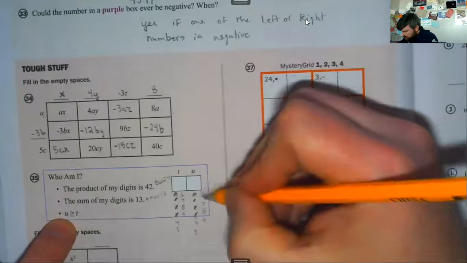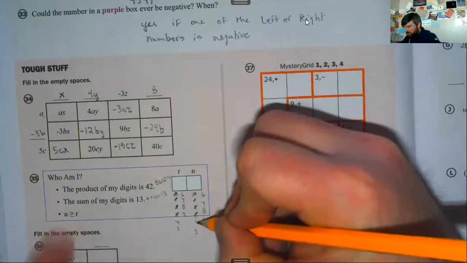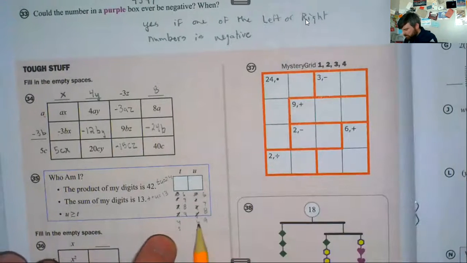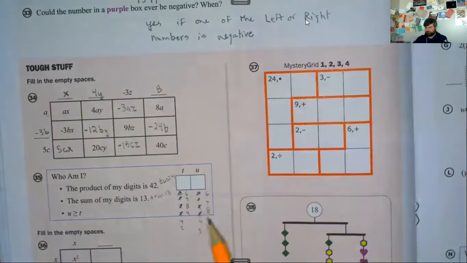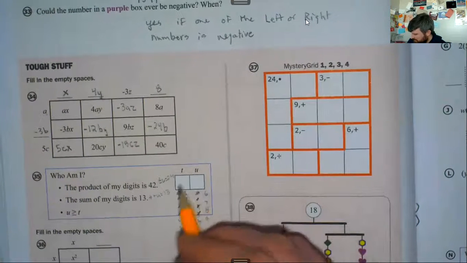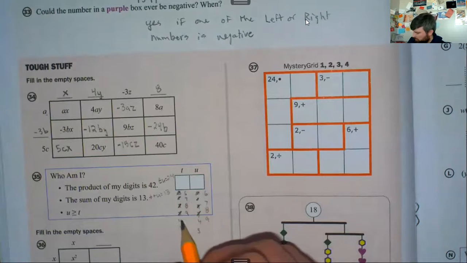So if U was 4, T would have to be a number less than that, which it can't be. Let's say T is the smallest number. If T is 4, then U would have to be 9.